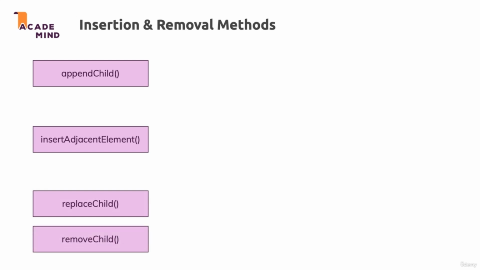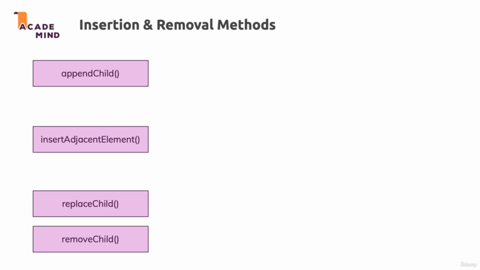Now, I haven't shown you replaceChild. In the end, this also just is a convenient method for replacing one element with another one. Now, attached, you also find a detailed summary document, which you can have a look at to find an overview over all the methods you have available and when to use which. I strongly also recommend having a look at that.